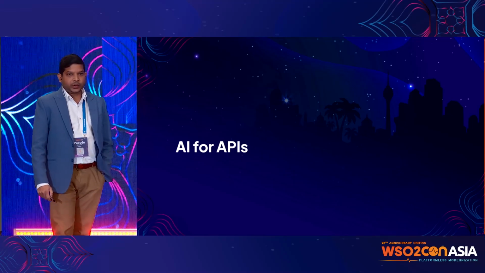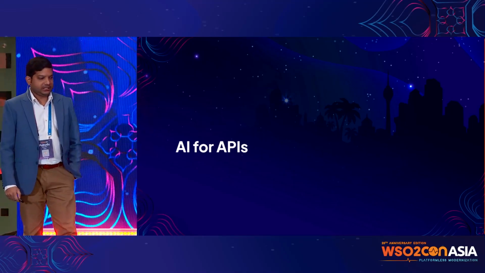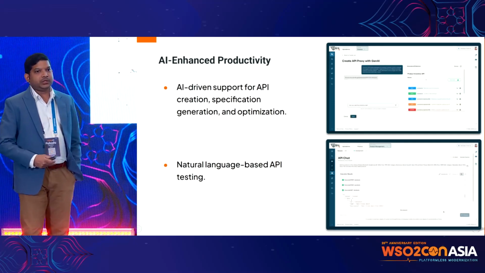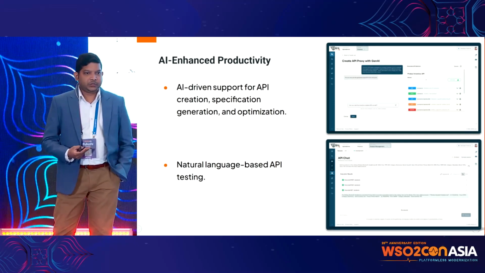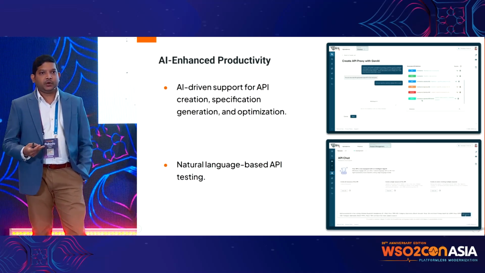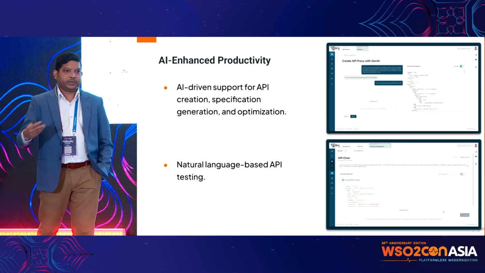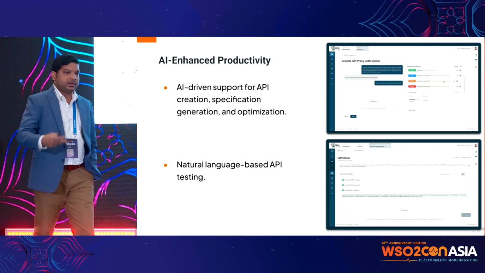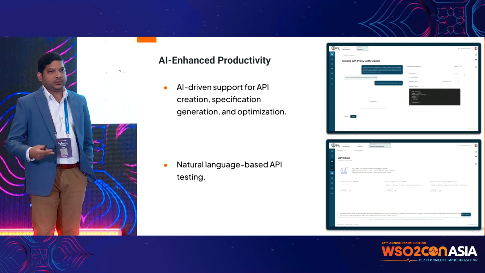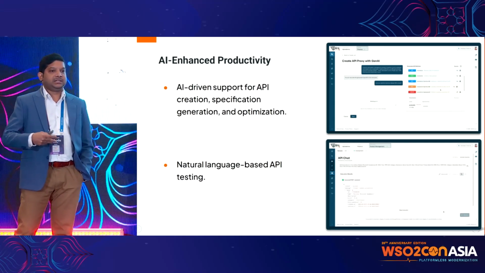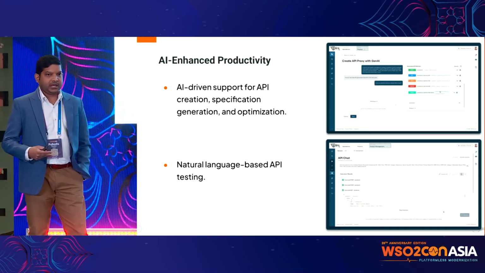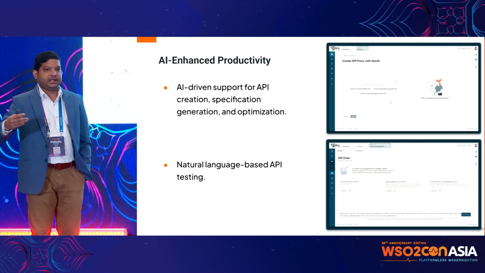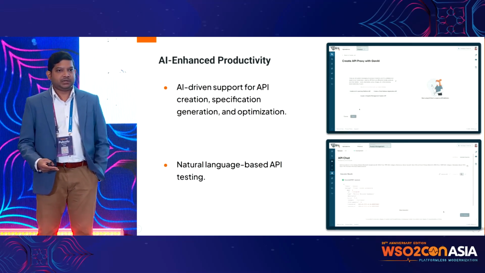Right, so let's look at some of the AI capabilities that we have introduced for APIs. The first one is about bringing AI into the picture, where you can provide your use case in natural language and it will generate an OpenAPI specification. You can give more context to it, chat with the chatbot, and improve your OpenAPI. From there you can create the API and do the API management of it.